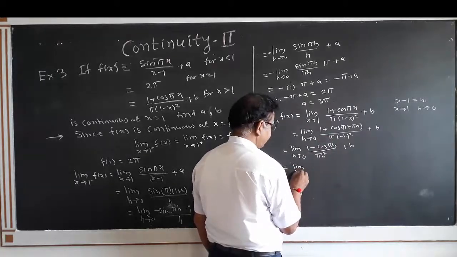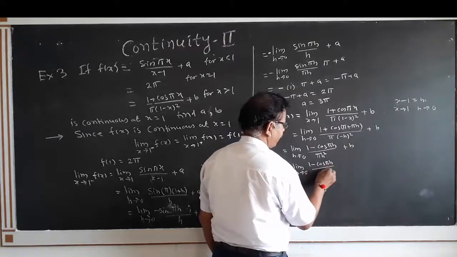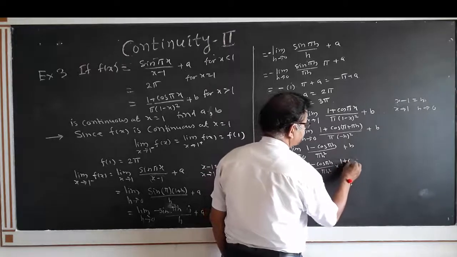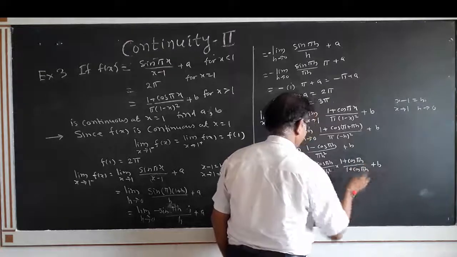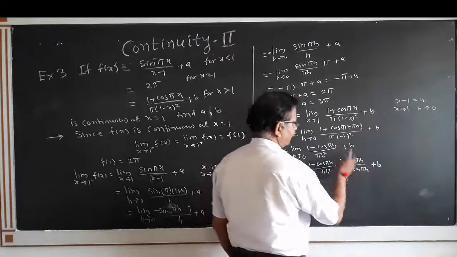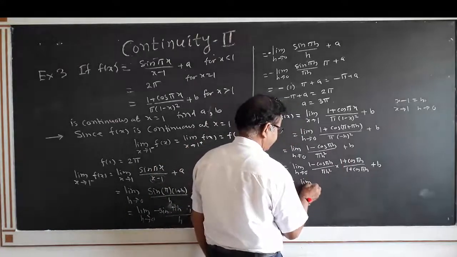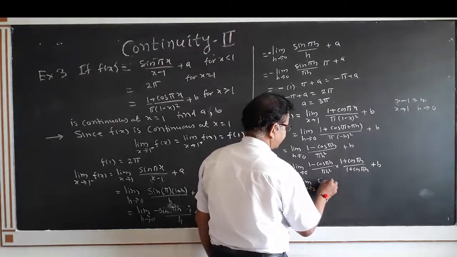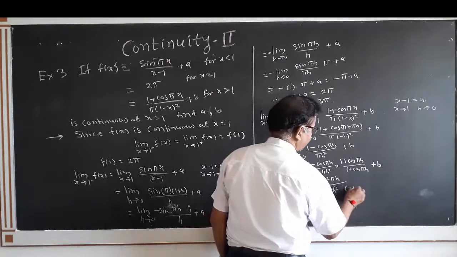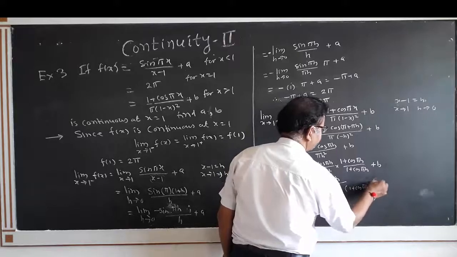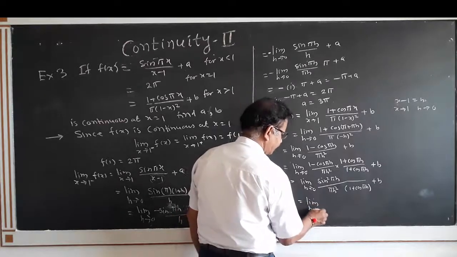We will get limit h tends to 0, 1 minus cos of pi h divided by pi h square into 1 plus cos of pi h divided by 1 plus cos of pi h plus b. 1 minus cos pi h and 1 plus cos pi h is 1 minus cos square pi h, and 1 minus cos square pi h is sin square pi h.